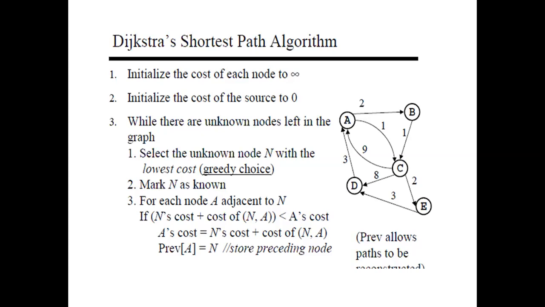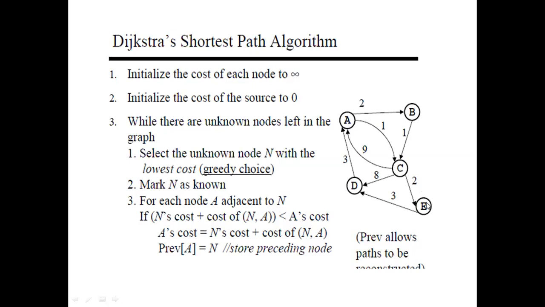Now we'll see one simple example. Suppose in this graph, the distance A to B is given, the distance A to C is given, but the distance A to E is not given.